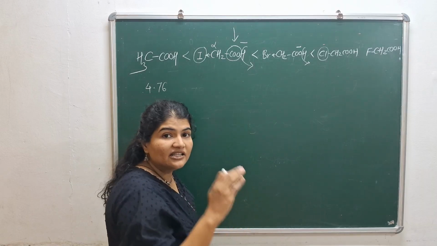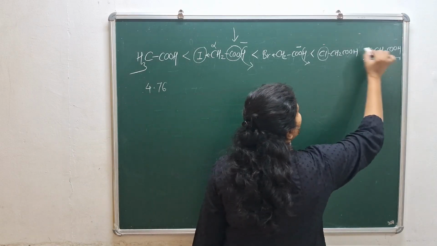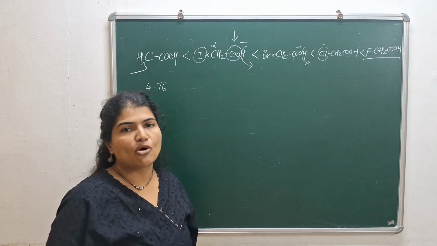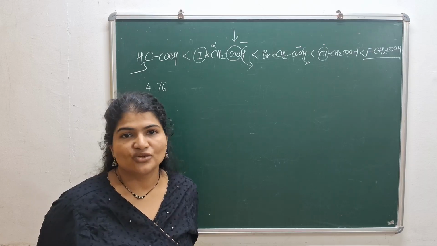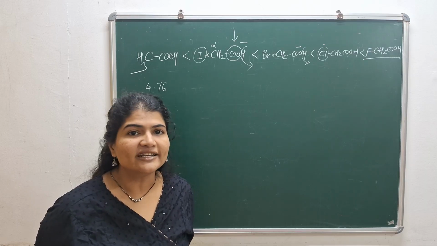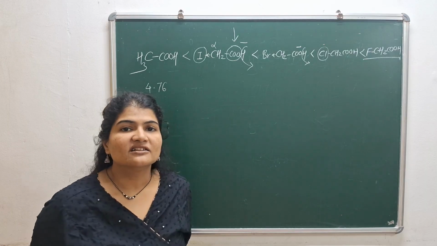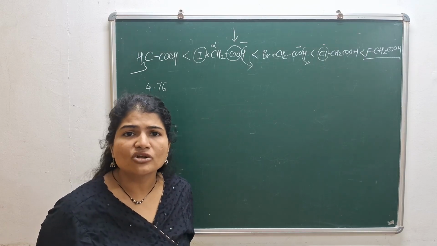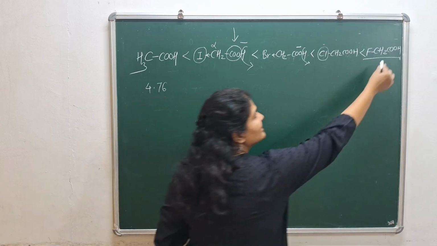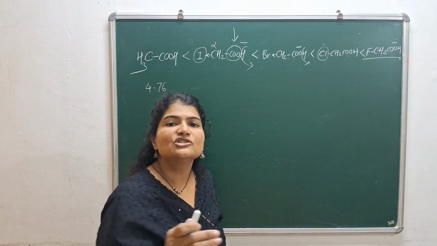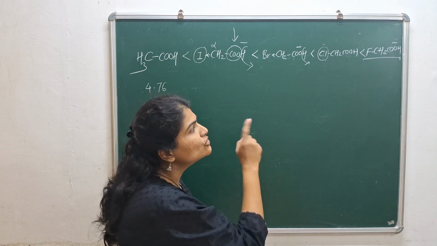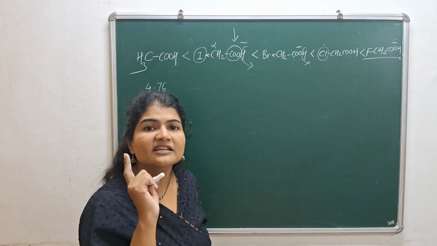and fluoroacetic acid is going to be the strongest of all, because fluorine we know is the most electronegative element in the entire periodic table, and that is going to exert the negative inductive effect very strongly, thereby making the negative charge stable and release of proton easier. So fluoroacetic acid will be highly acidic.